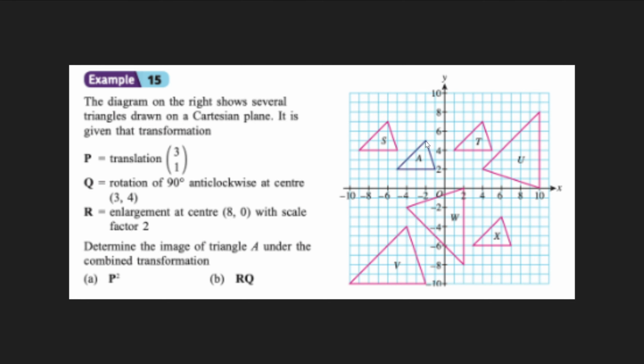From the point (5, -2), you can move 3 boxes to your right, 1, 2, 3, and squared means you have to double the process, so another 3 more boxes, 1, 2, 3.